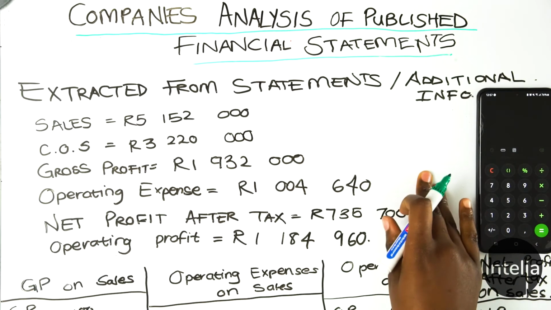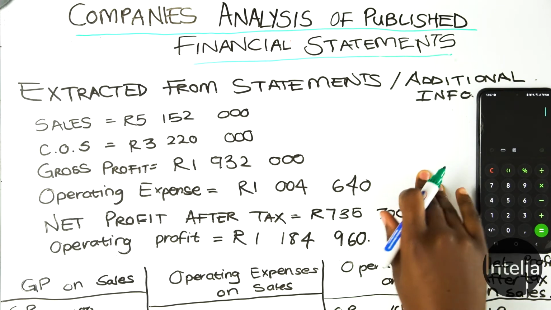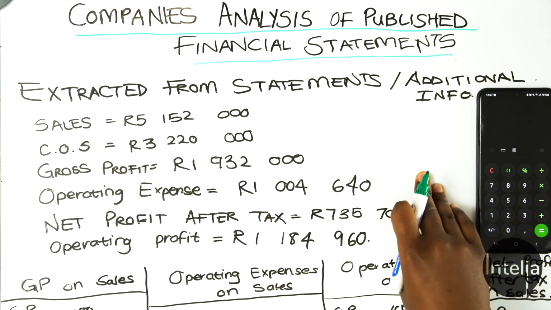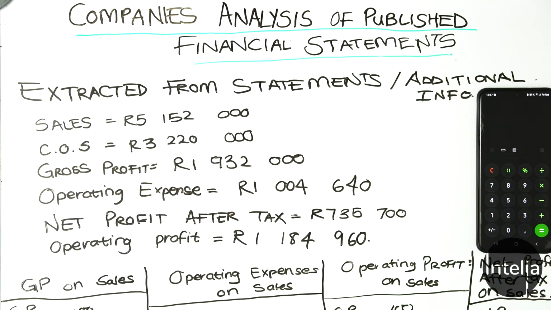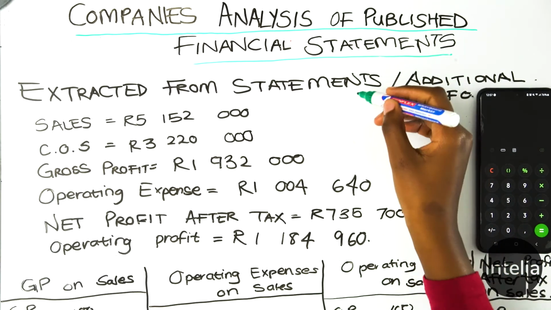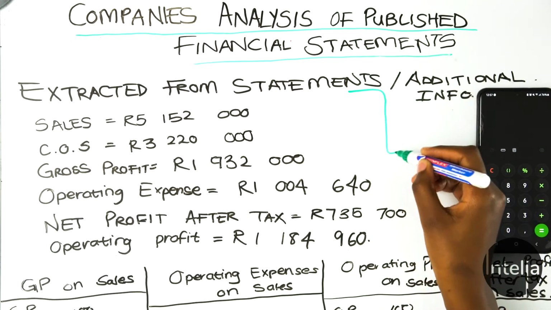So now I have all of this information, and like I said before, when you look into profitability, you'll find all of the information that we need is actually in an income statement. If not, you'll find it in the other statements, but primarily the income statement.